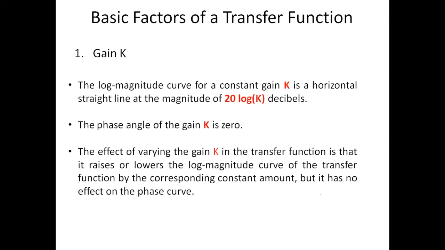The log magnitude curve for a constant gain k is a horizontal straight line at the magnitude of 20 log k decibels. So this is the unit, decibels. The phase angle of the gain k is 0.